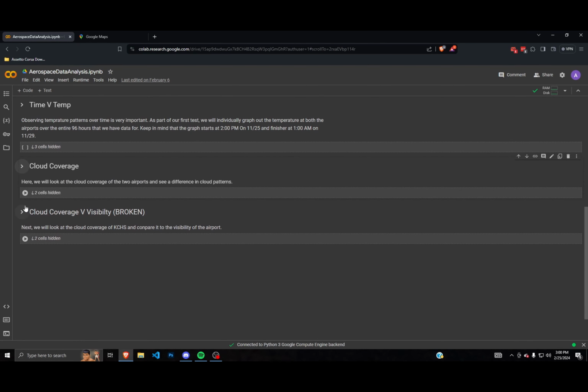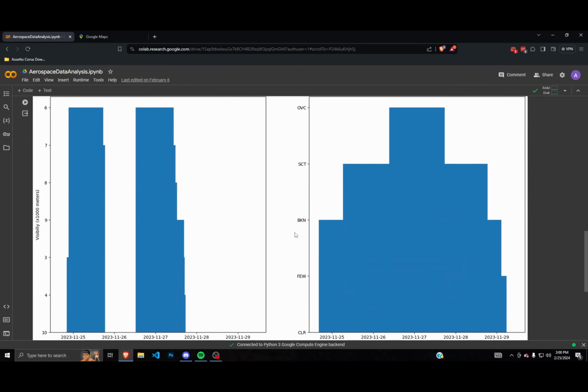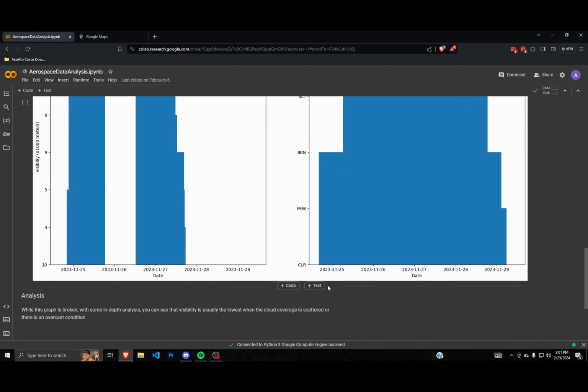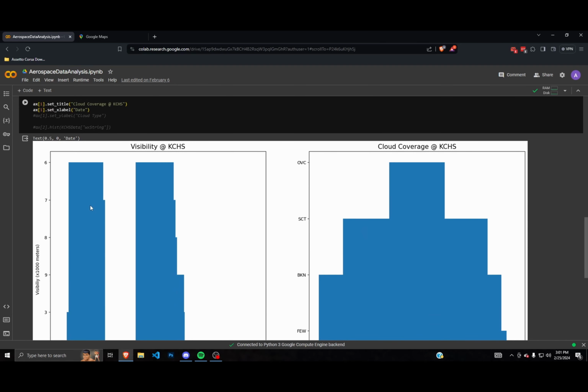And our last column is cloud coverage versus visibility. So since we know that in Charleston there's lots of clouds, we basically look at these reports over time and look at the visibility over time.